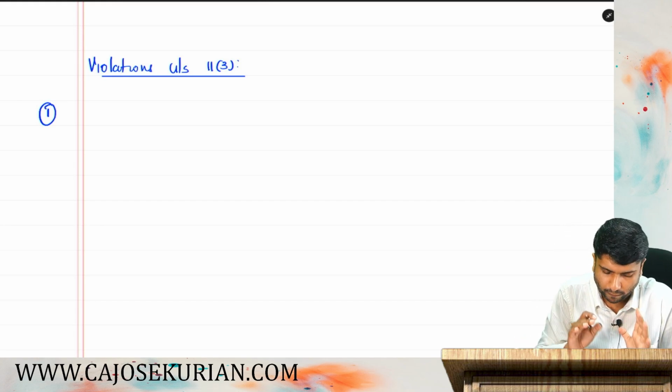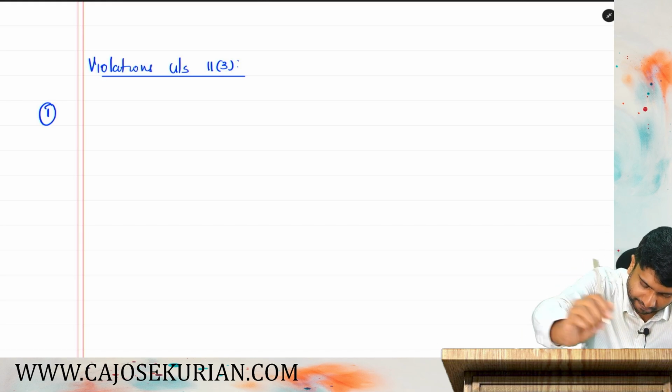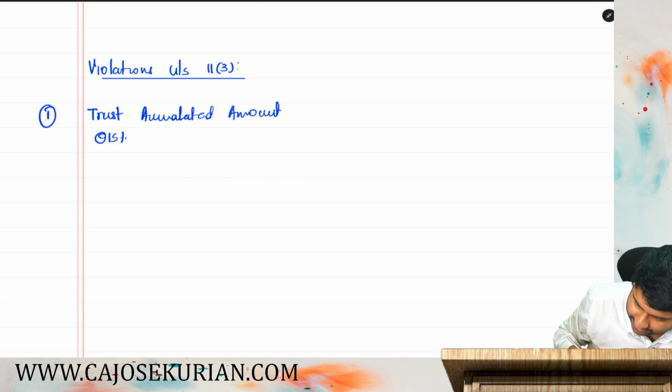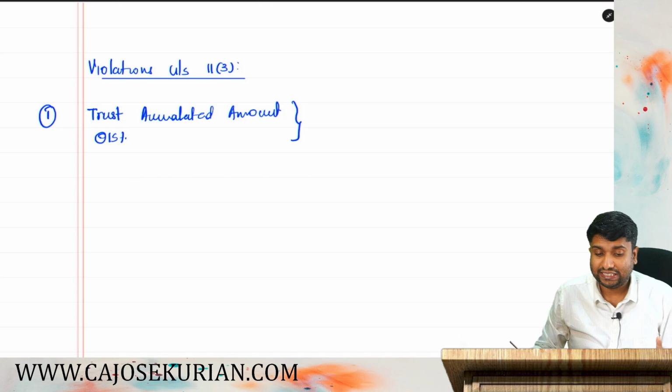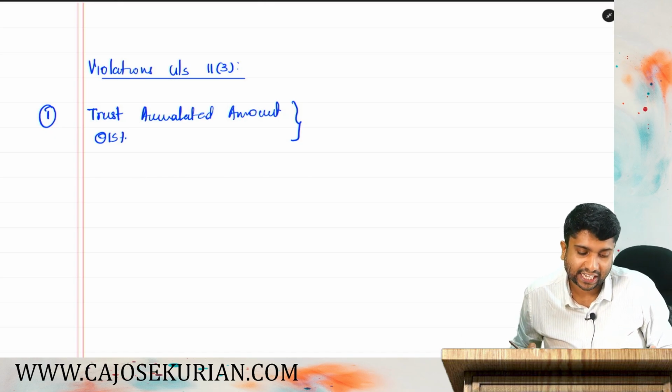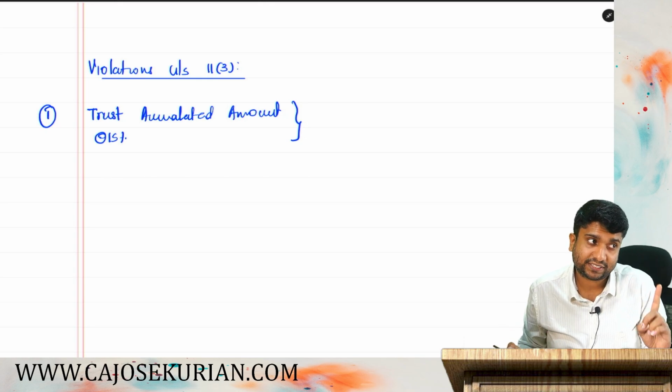Okay, so listen, say for example, if you are a trust and you have accumulated an amount, that is 15% of your taxable income every year. Now, this accumulated fund has to be applied for your charitable or religious purposes only.